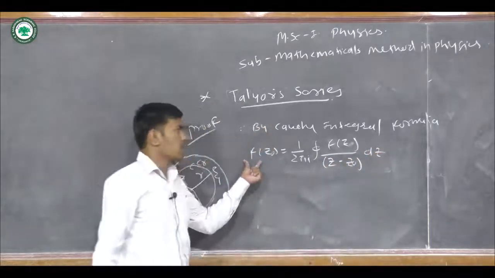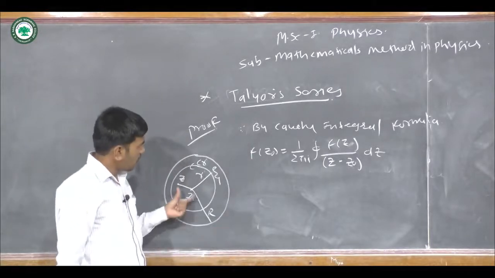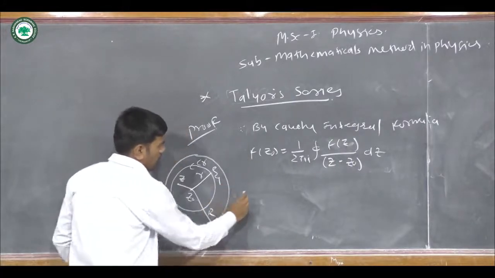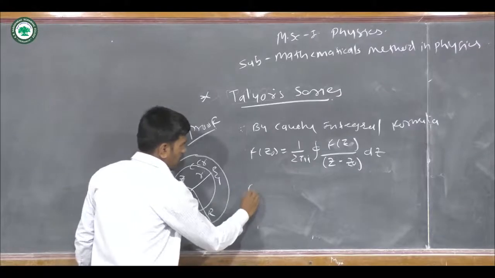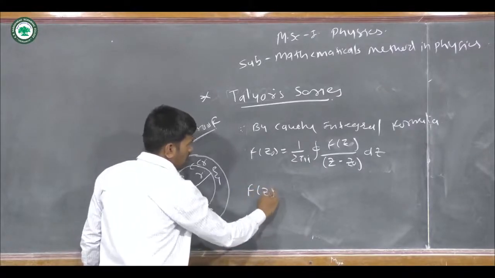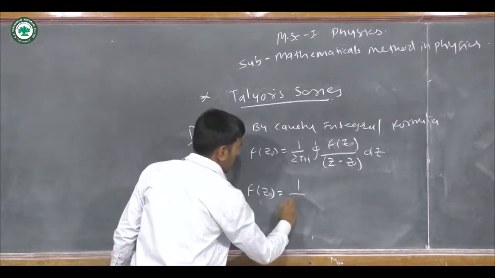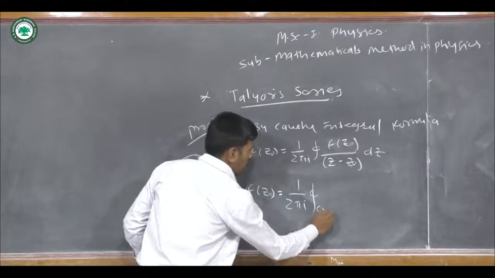Okay, this is the statement of the Cauchy integral formula. Now for this case, if I write the formula by using this Cauchy integral formula, we can write f of z is equal to 1 by 2 pi i closed integral over CR.